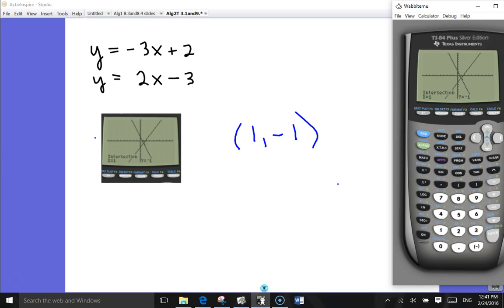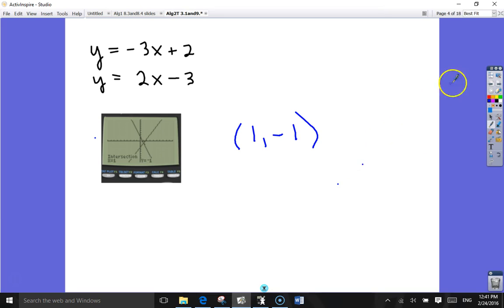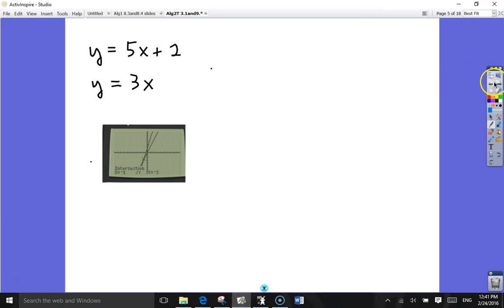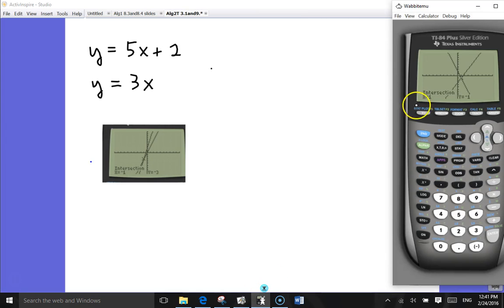So, okay, let's see. Okay, let's try this one. y equals 5x plus 2, 3x. This is the one we did by solve by graphing.